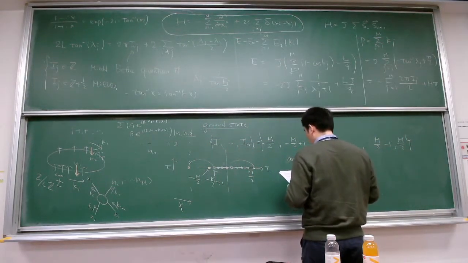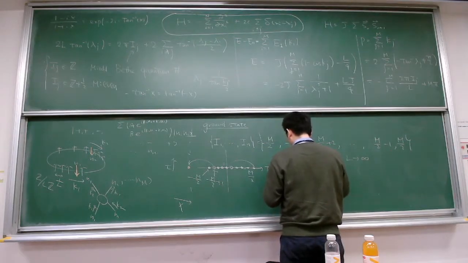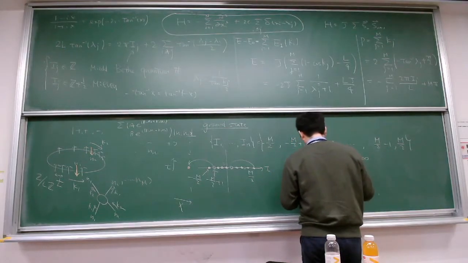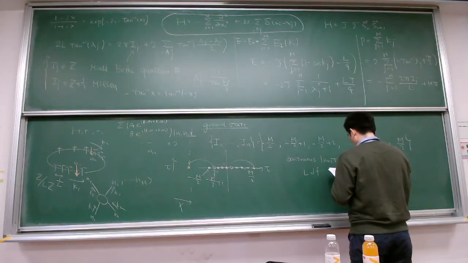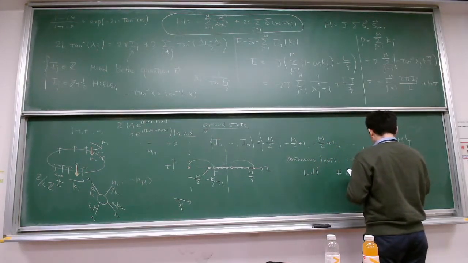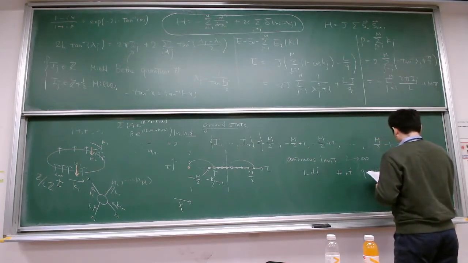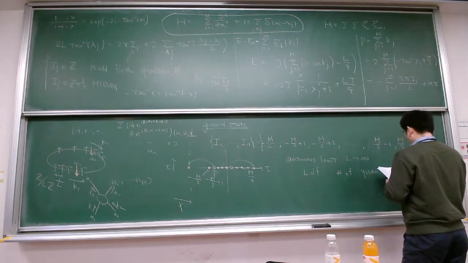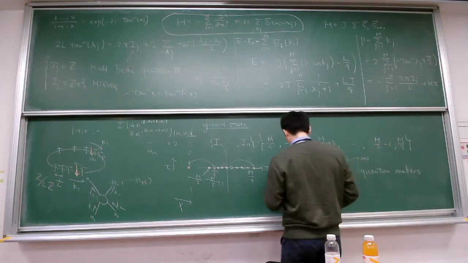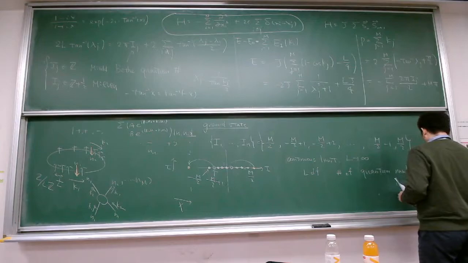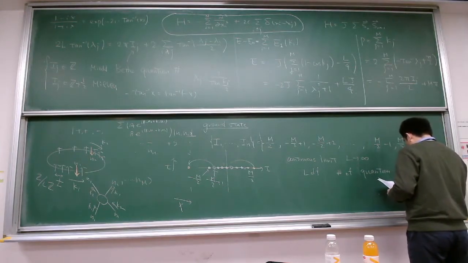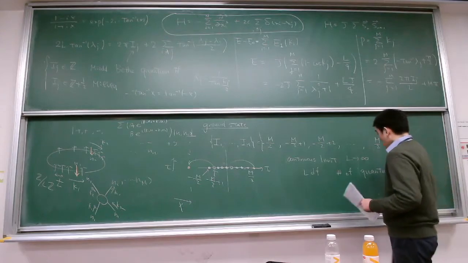And we will call it L. For large L, L dF is the number of quantum numbers in the interval F to F plus dF.